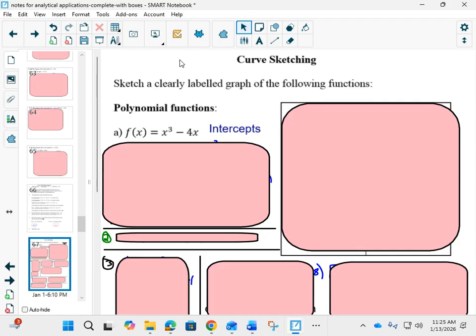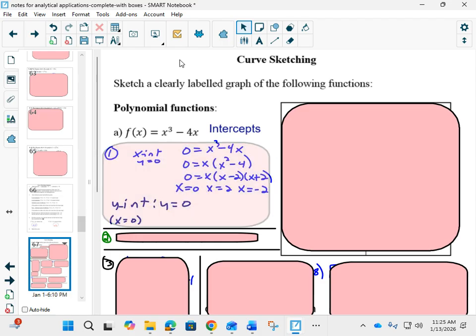So I've sort of got things sectioned into different categories according to the curve sketching summary that we had before. Once you've got your x and y intercepts, you can double check by looking up.